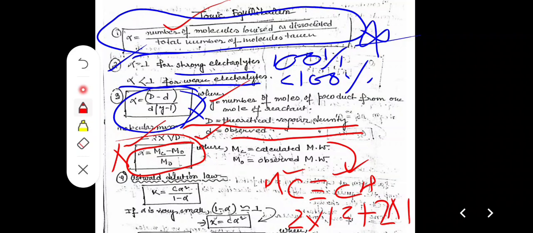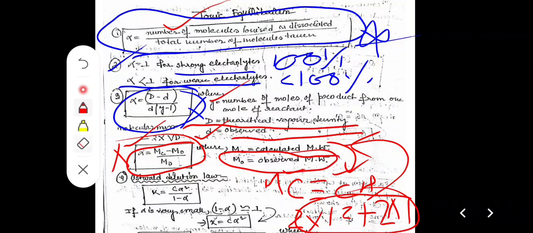We can consider 1 also. So this is called the calculated molecular weight. But M0 is the observed one, experimentally verified. So always remember, this is for concept; this is not so important.